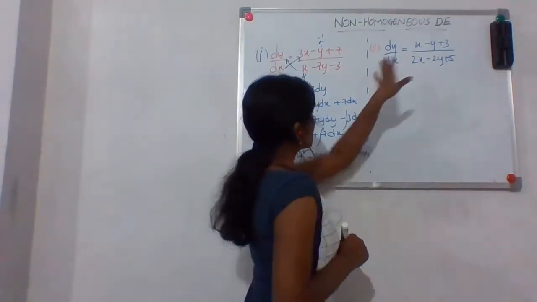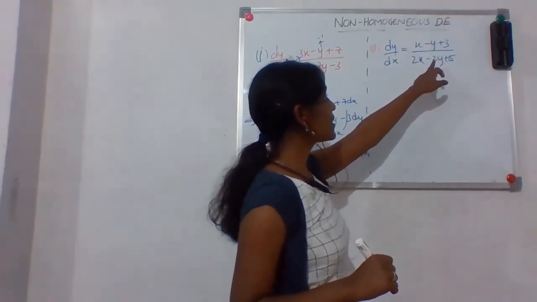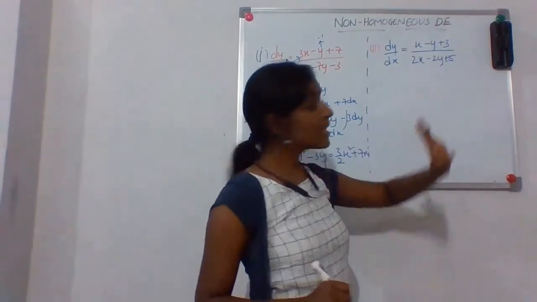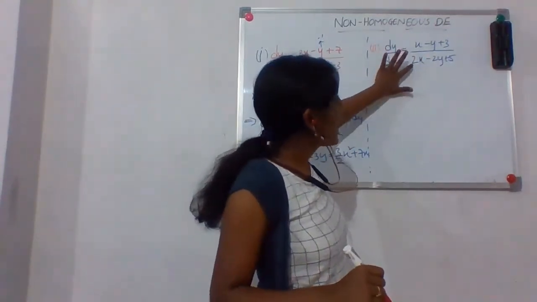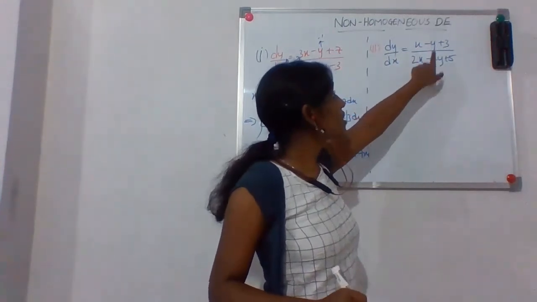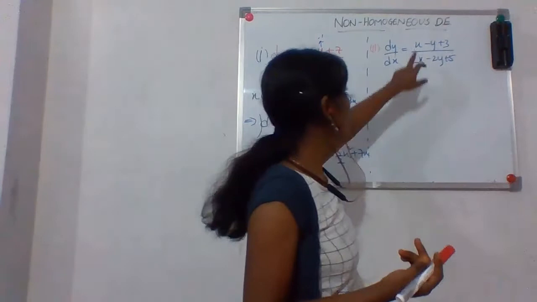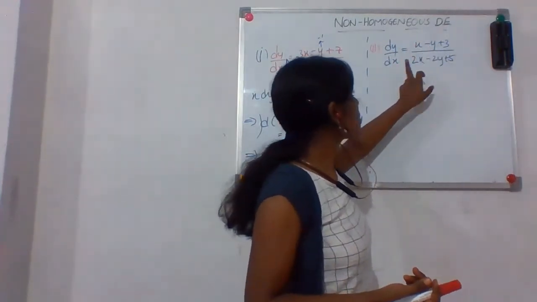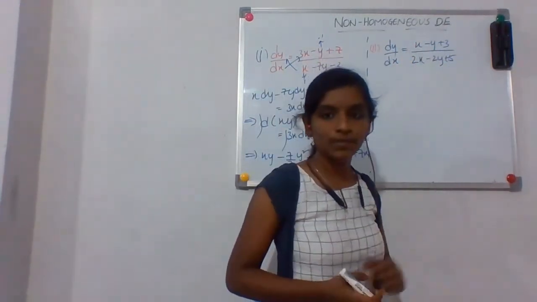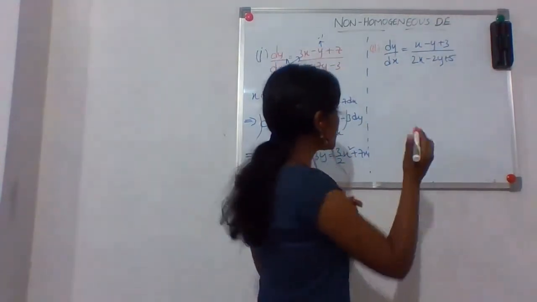dy by dx equals (x minus y plus 3) by (2x minus 2y plus 5). So you can see that a by b is equal to a dash by b dash. Sorry, I'm getting confused.